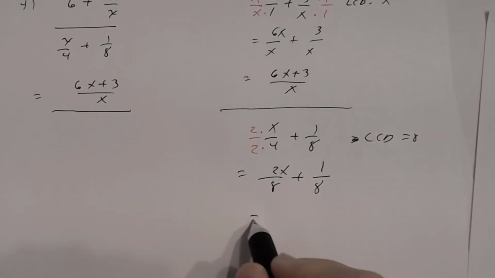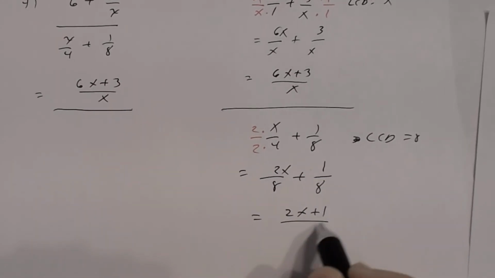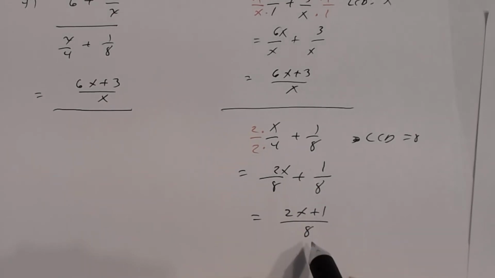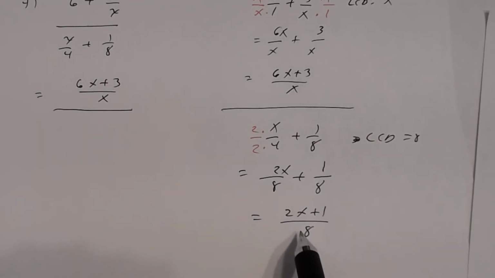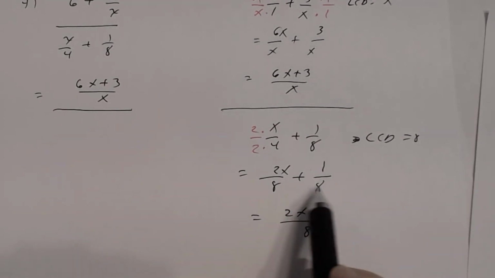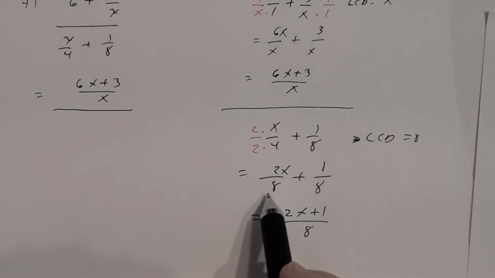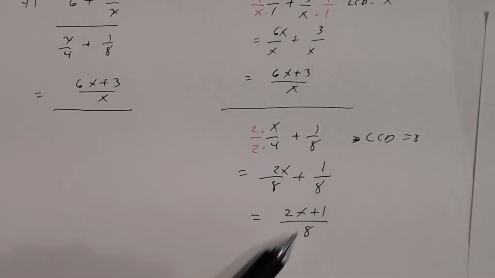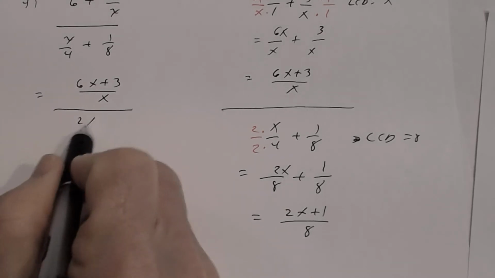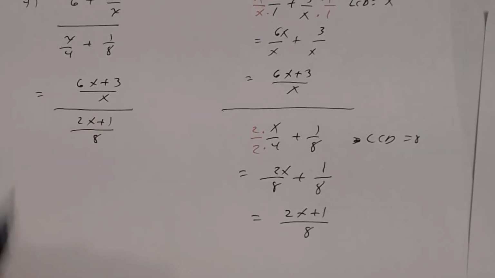This becomes 2x plus 1 divided by 8. Now I can write this as one fraction. Don't make the mistake of saying 8 plus 8 is 16. You can't do that. Whenever you add or subtract fractions with a common denominator, the fraction you end up with has to keep that denominator. So I have 2x plus 1 divided by 8.